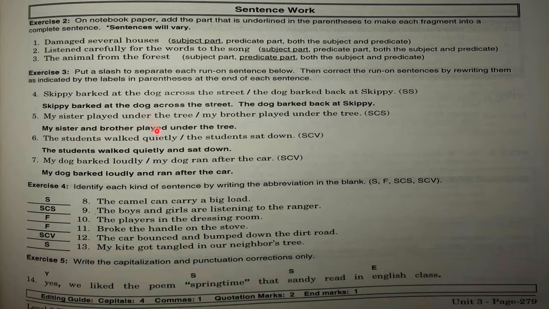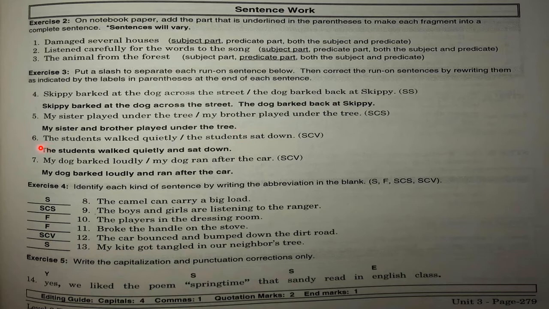And I'm going to put the rest of the sentence after it: played under the tree, because they both have the same predicate part. Okay, so now I have a simple sentence with a compound subject. My sister and brother, two subjects together, they will make a compound subject, played under the tree. Of course, I'm going to start it with a capital letter and end it with an end mark.